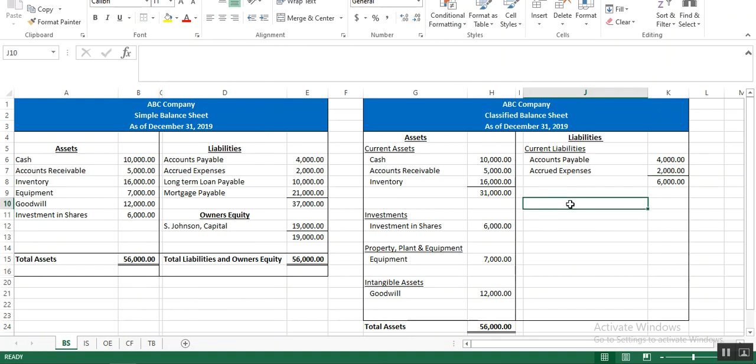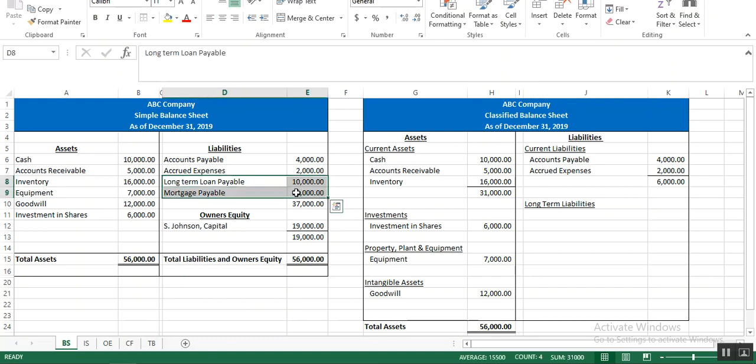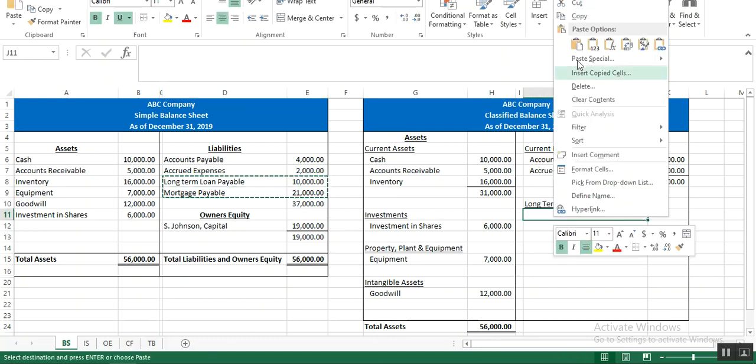Next, we have our long-term liabilities. And the only long-term liabilities we have here are a long-term loan payable and a mortgage payable. Like we said again, pay attention to what they say about the mortgage payable, because as long as they don't say it's short term, we are to automatically assume it's long term. So let's copy this over.